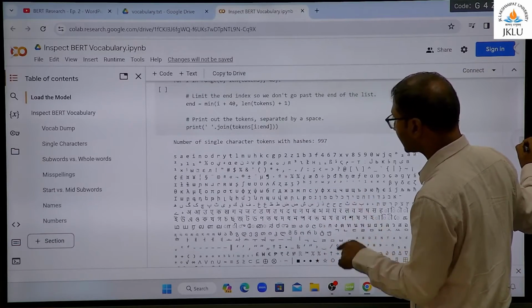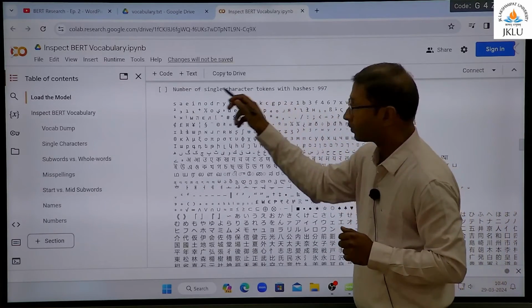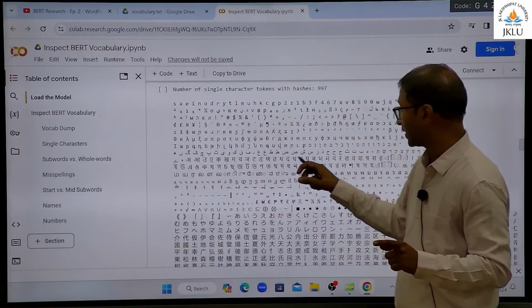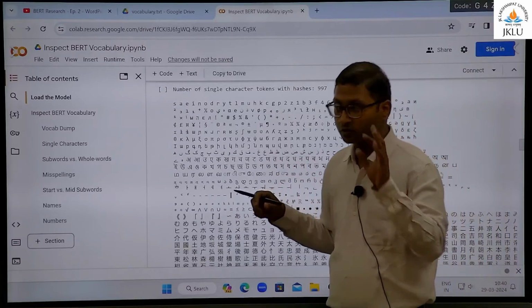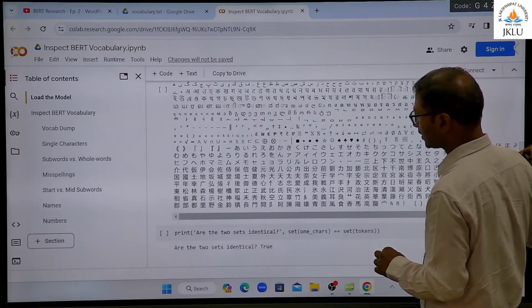Number of single character tokens with hashes, you see these guys as well, non-English things too. So BERT is actually super powerful. I mean, you have to go and think about it.